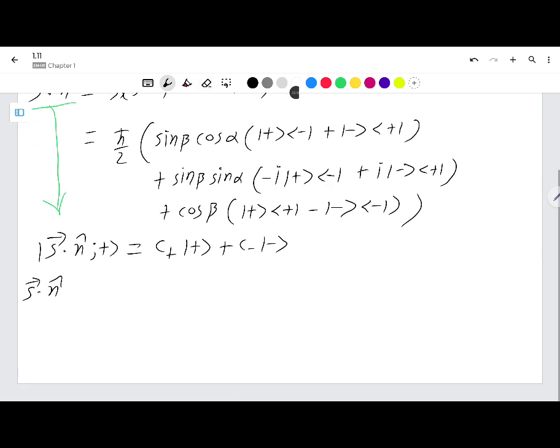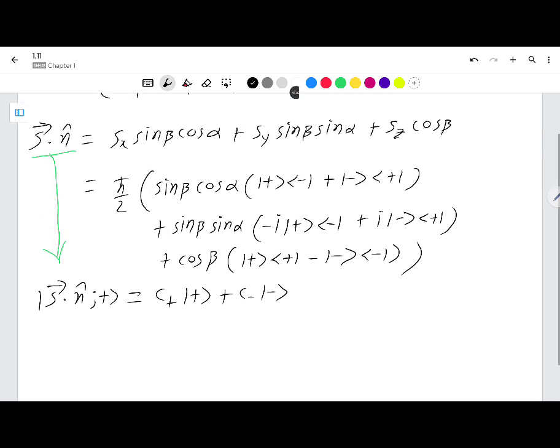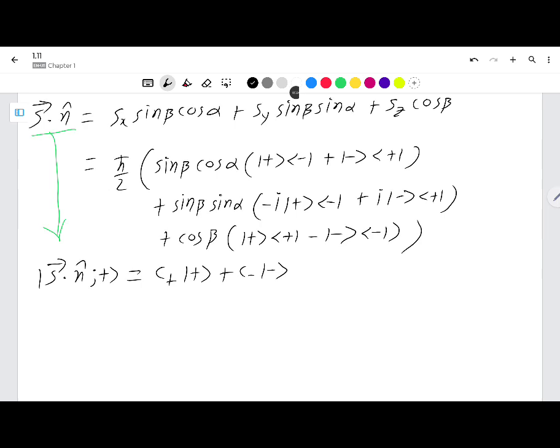Let me go to a different page. Let us start with the first term.